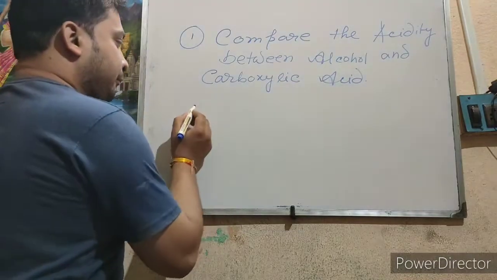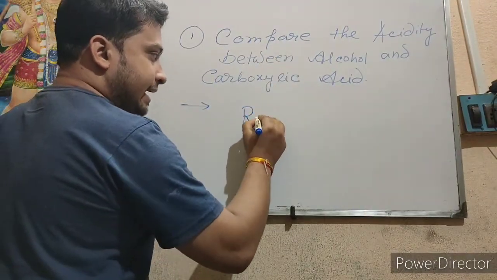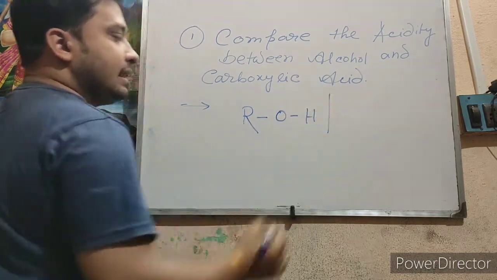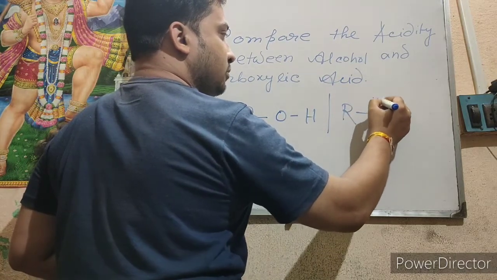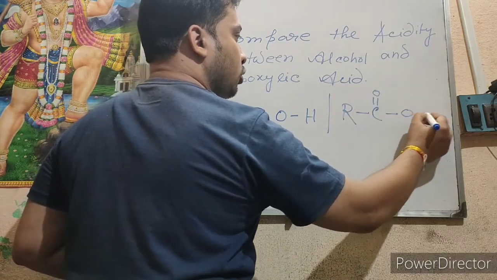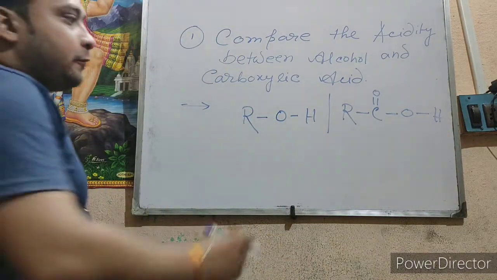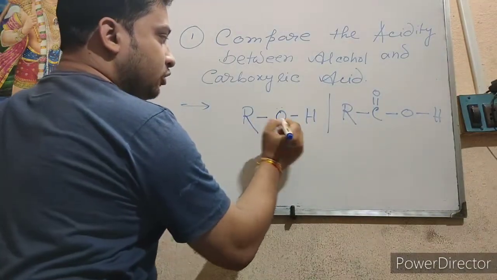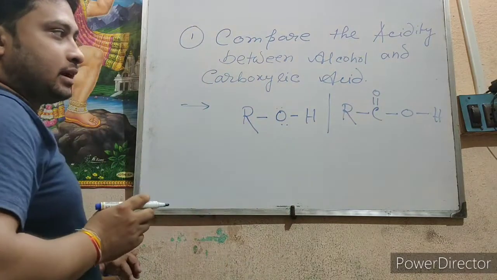So according to the problem, firstly I take alcohol, that is ROH, and secondly I take any carboxylic acid, that is RC double bond OH. Okay, so if we compare this, the electron density of this oxygen and the electron density of this carbon.